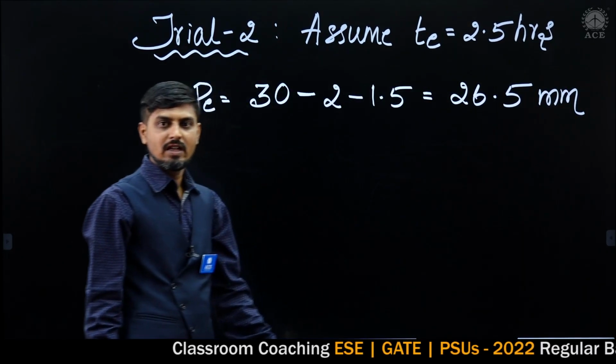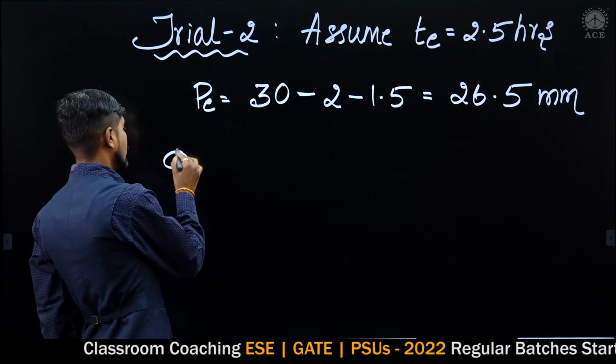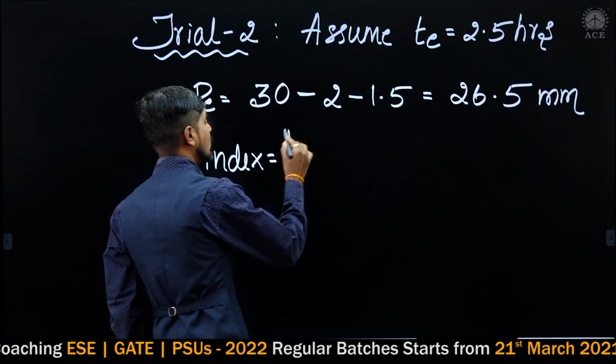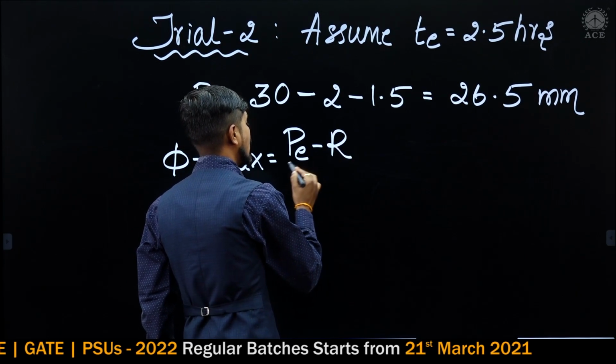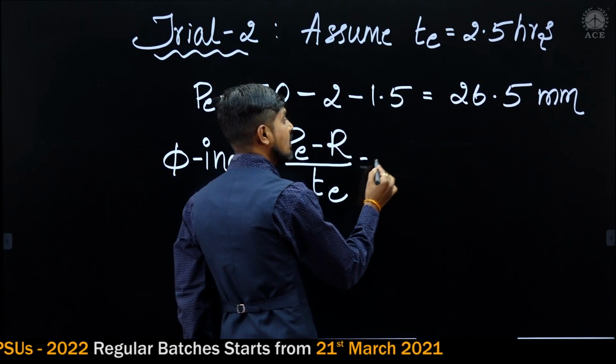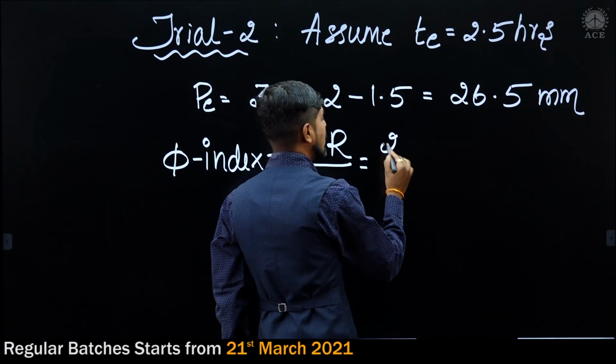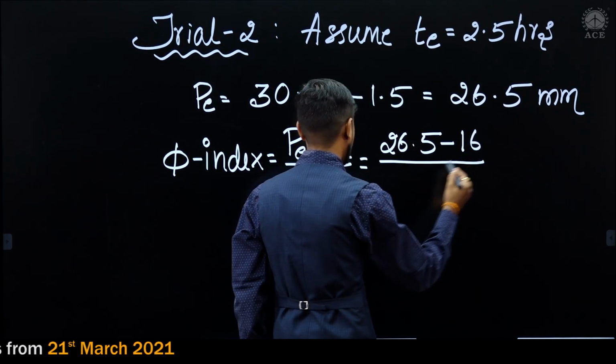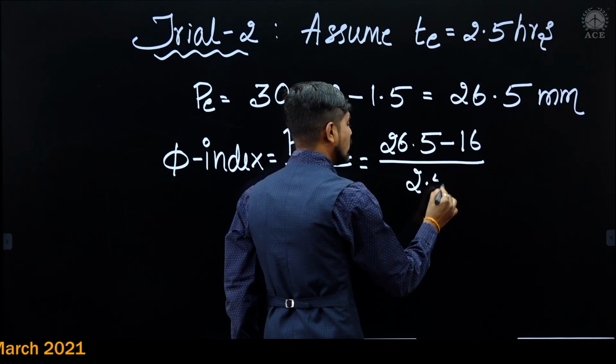Now again use your phi index formula. Phi index is equal to PE minus R divided by TE. PE is 26.5 minus 16 divided by TE, which is 2.5.